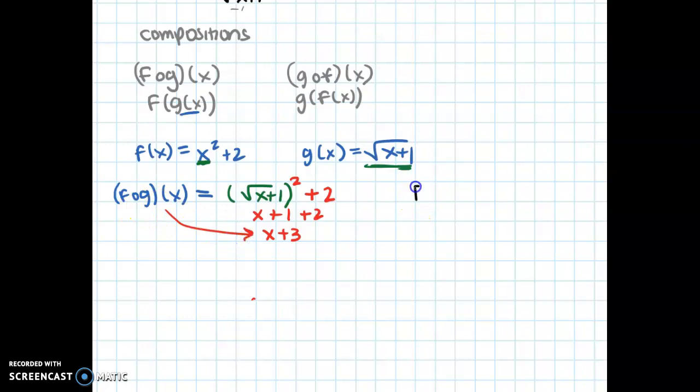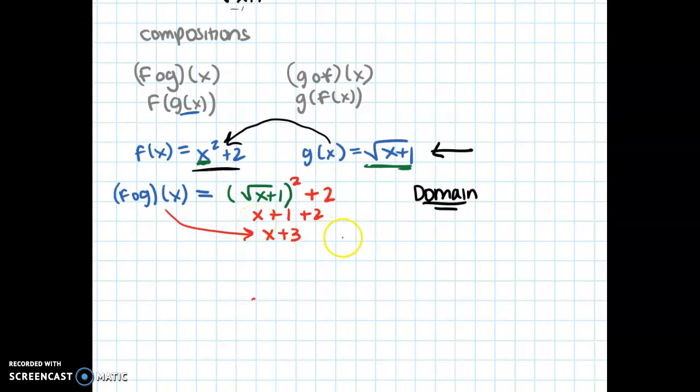But now the domain is the part where we have to think a little bit critically. Basically, I am taking all of the x values in here and plugging them in, so my g of x is becoming the x values of my f of x, which means that if I was not allowed to use an x value in the beginning, I'm not allowed to use it here when I plug it in.